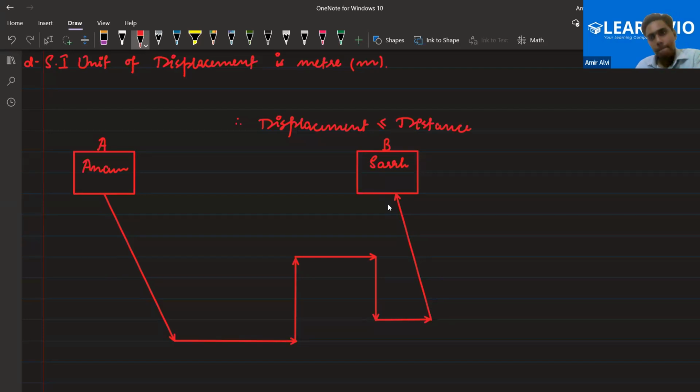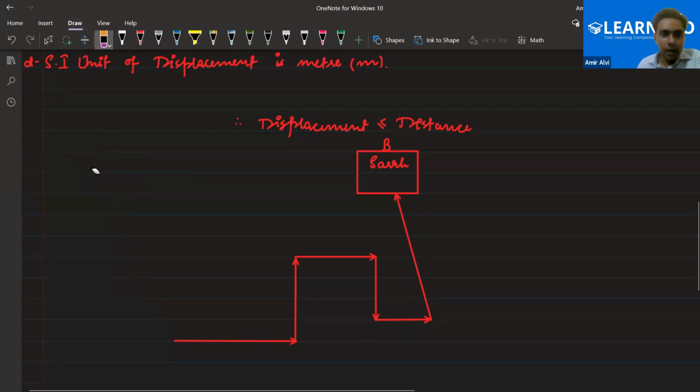Any doubt? No, sir. So whenever multiple paths are present, you can easily identify which is distance and which is displacement. But when a single path is present, it acts as both displacement and distance. Theek hai? Clear.